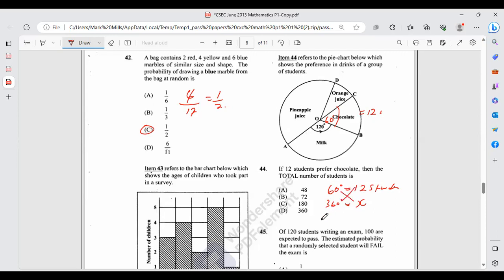So when you cross multiply, you get 60x equal to 12 times 360. So x will be equal to 12 times 360 divided by 60. 60 goes into 360 how many times? 6. So 72.